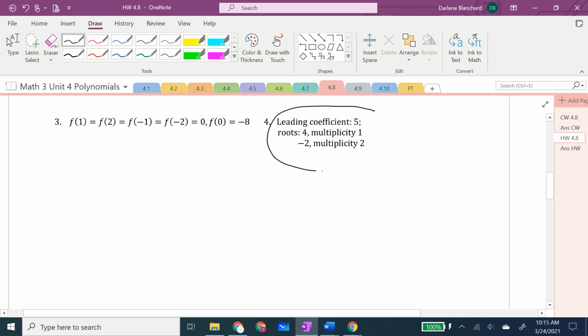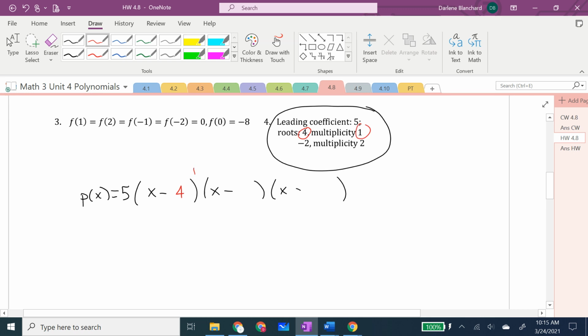Okay, for number 4, we have the leading coefficient is 5. So automatically, I'm just going to put a 5 in front, and then it's going to be x minus 4 for as many times as I need. But that's more times than I need, because my roots are 4 with a multiplicity of 1.